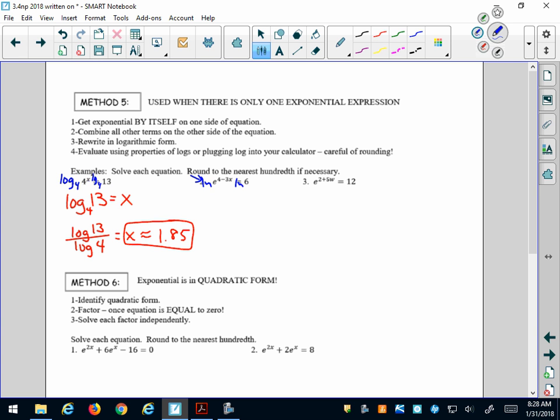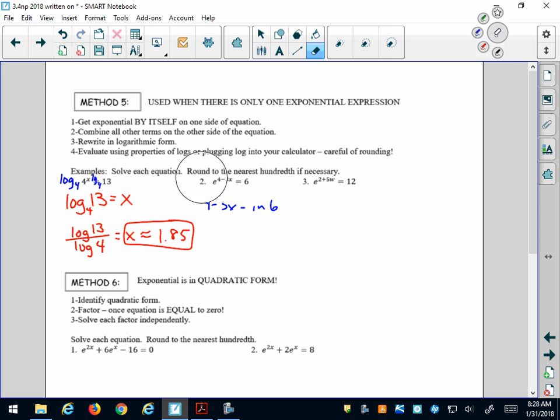Take the natural log of both sides. What happens when we take the natural log of e to the something? You just get that something. But you have to remember that you had to take the natural log of the other side, too. So we're going to get the same thing when we use this method.